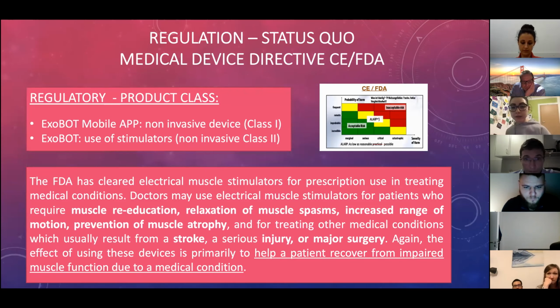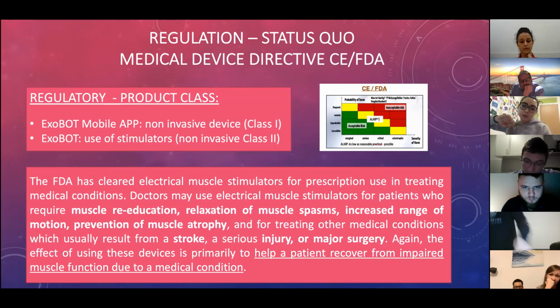An important thing about the product is that we decided to give it a regulation, so define it as a medical device. And when we do this, we should define, for example, to which class the product belongs. So we have the mobile app. In this case, it is a non-invasive device, an app, so I think it can be classified as class one, non-invasive product.